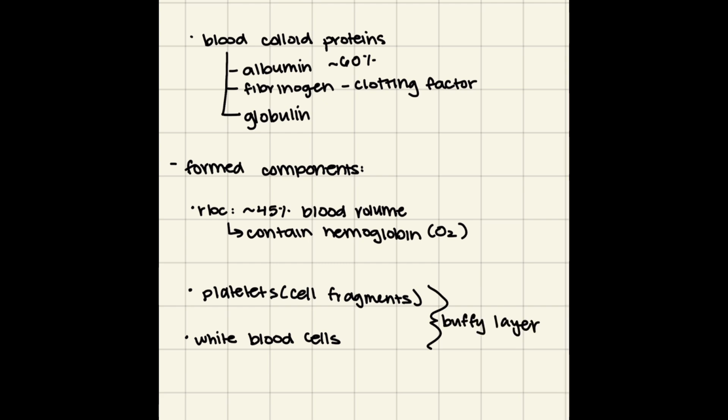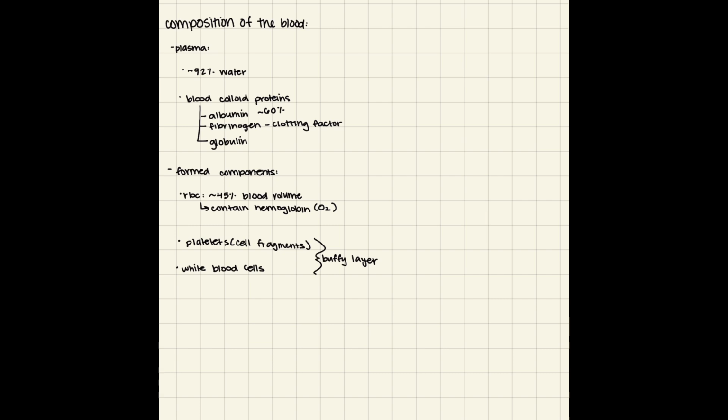So if you were to put a sample of blood into a test tube and centrifuge it, you would get on the bottom red blood cells. And then you'd get a little buffy layer right here, and that would be your platelets and your white blood cells. And then you'd have plasma. And that's obviously not drawn to scale, but I'm trying.